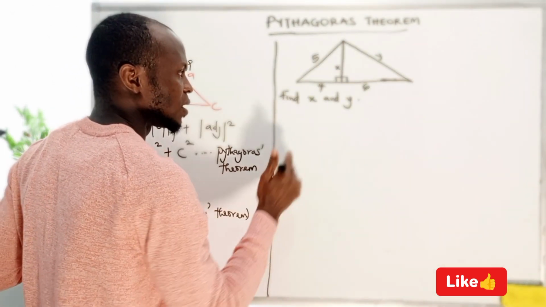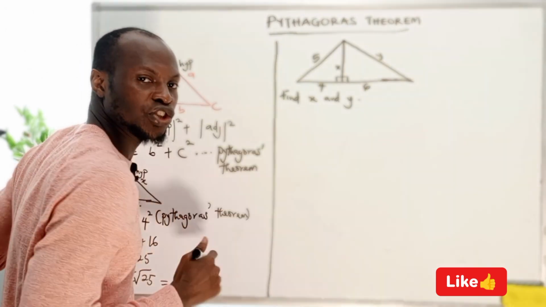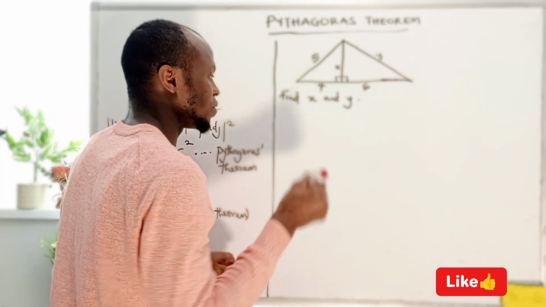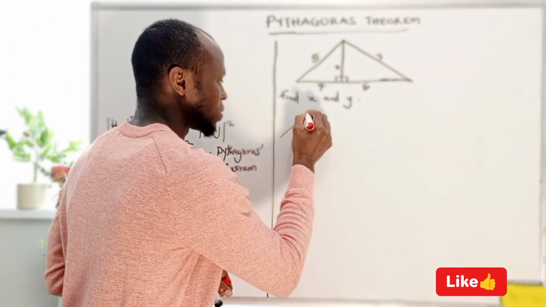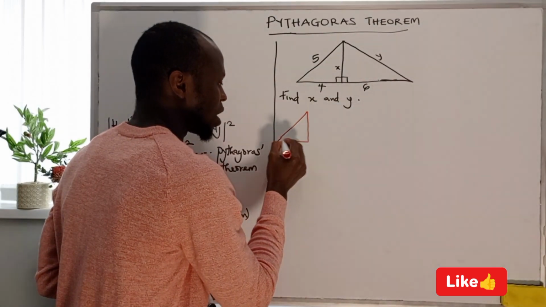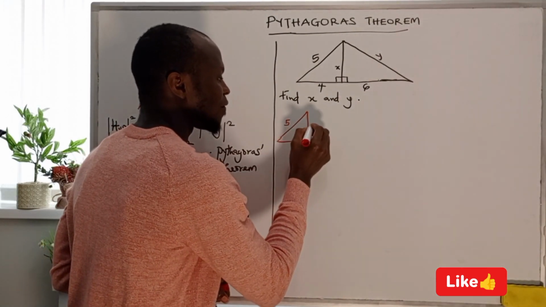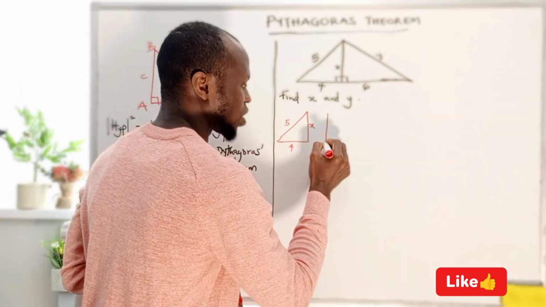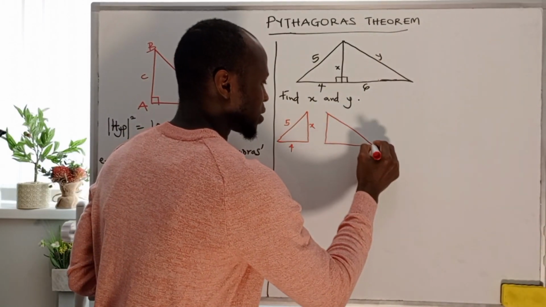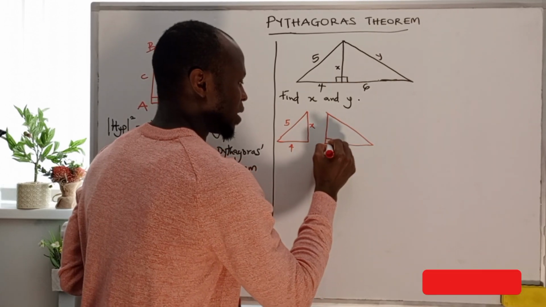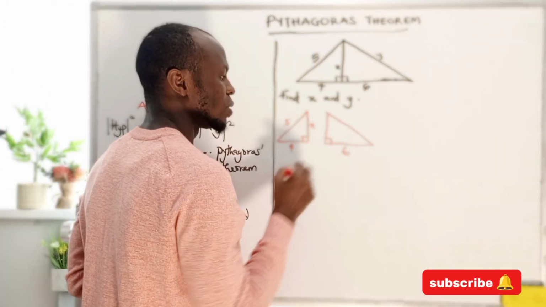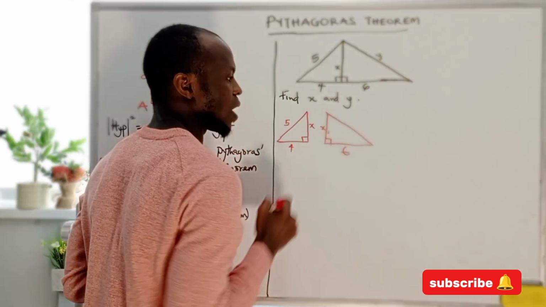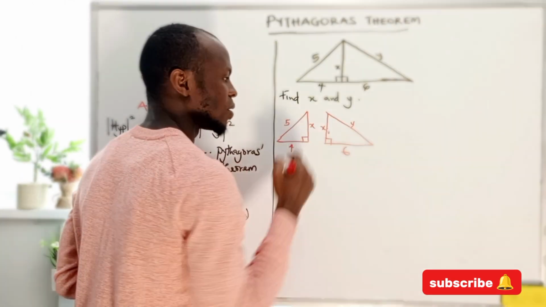If you check, there are two triangles in this diagram. We have this one, which is a right angle triangle, with sides 5, x, and 4. We have another triangle, with sides 6, x, and y. They are both right angle triangles.